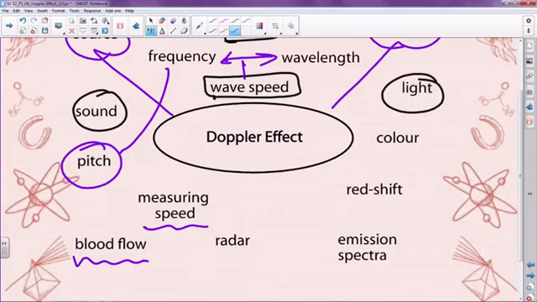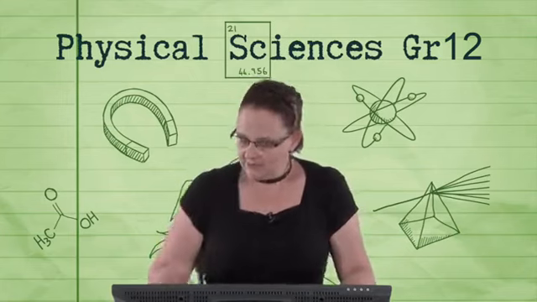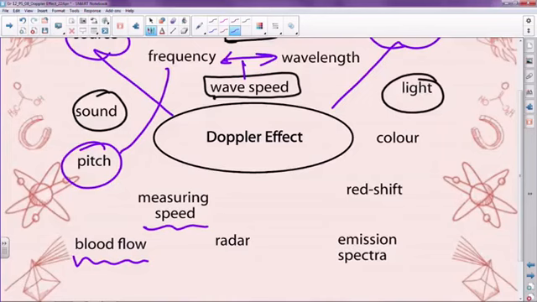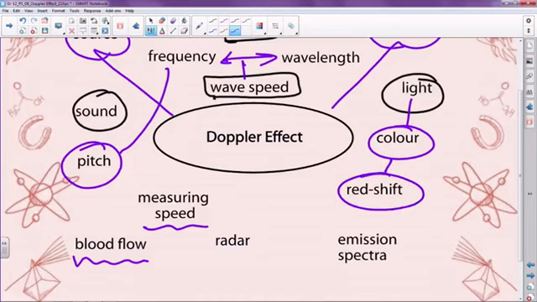And then we need to be careful here because with light, the way we see Doppler is by seeing a color change. In sound, we can hear it. With light, we have to see a color change. And then specifically what we're looking at is what is known as redshift, okay? And that is shown by using an emission spectrum.